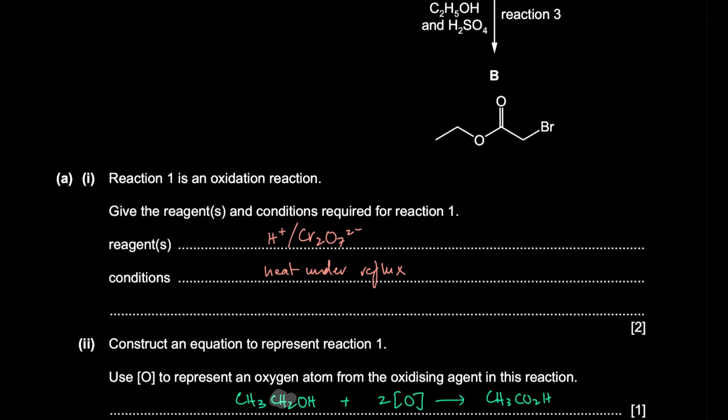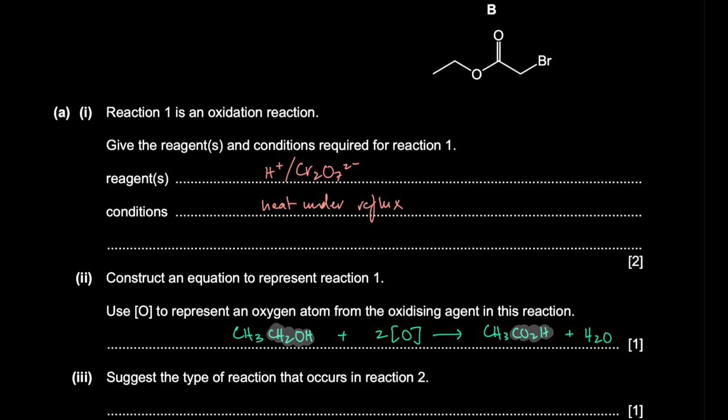One of the oxygen atoms adds on, so the primary alcohol is oxidized to a carboxylic acid, and the 2 hydrogens are removed by the other oxygen atom, so we have plus H2O. So one oxygen is being added, and the other oxygen removes the 2 hydrogens to form water.